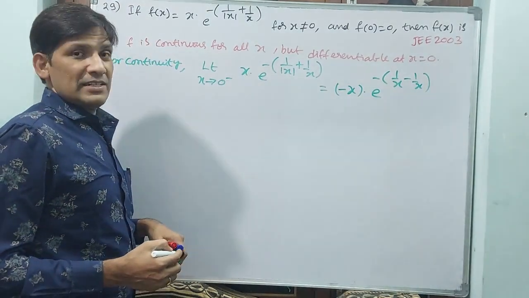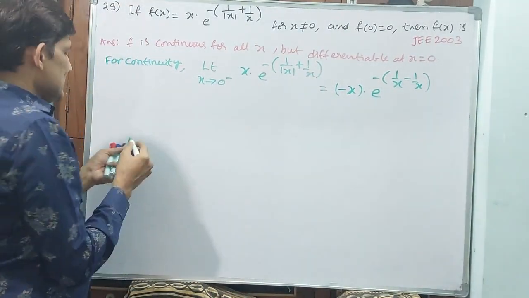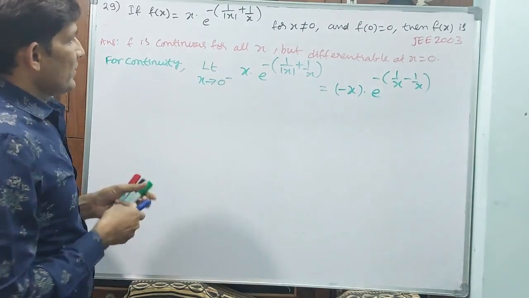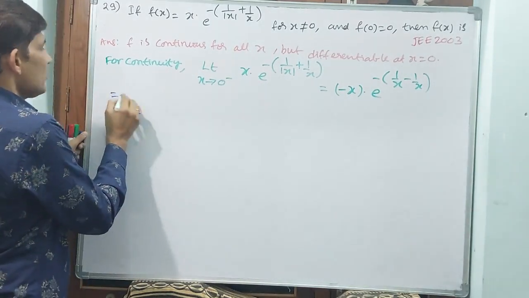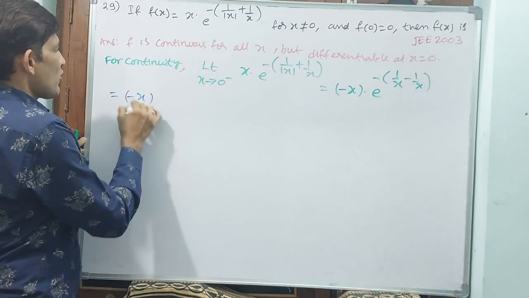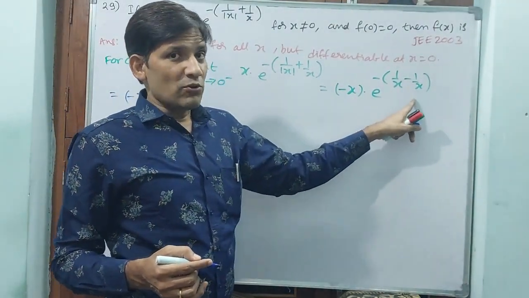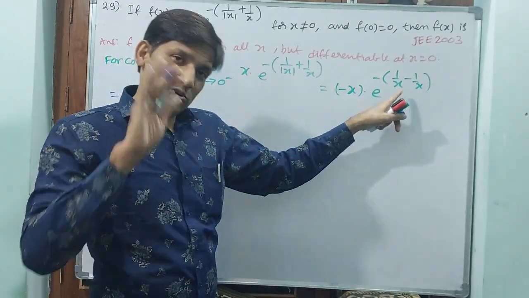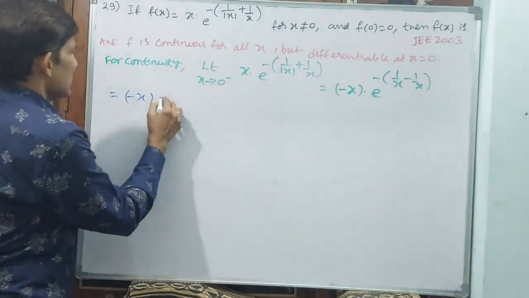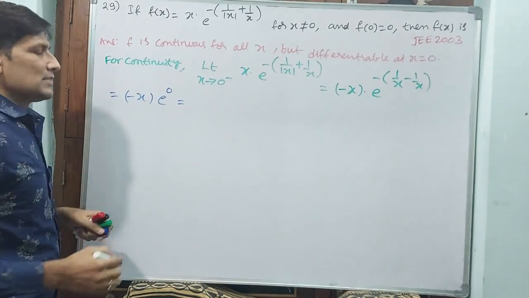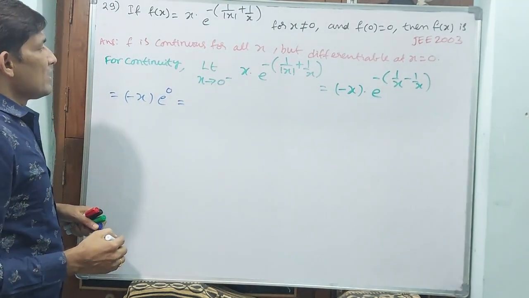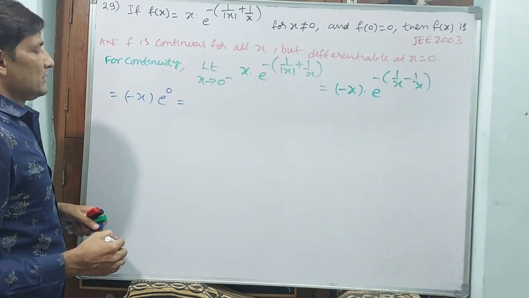You understand the logic? What will that be? That is equal to, you see, 1/(-x) minus 1/x gives 0. Minus 0 will not be there. 0 means 0, e power 0.